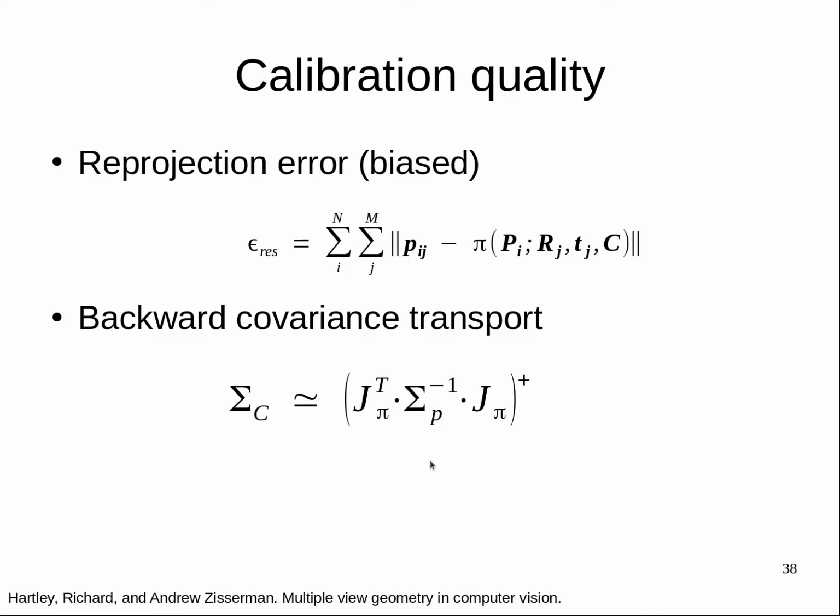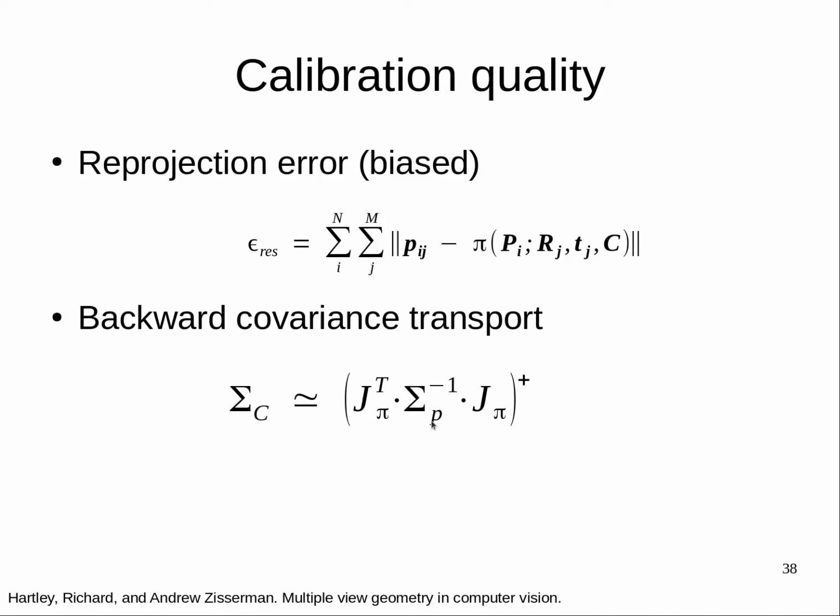The approach is basically you use the local linearization, the Jacobian, which we derived earlier when talking about nonlinear optimization. And then you assume some covariance on your input data. Here you can simply put in the identity, as a rough approximation of the variance of the pixel data.